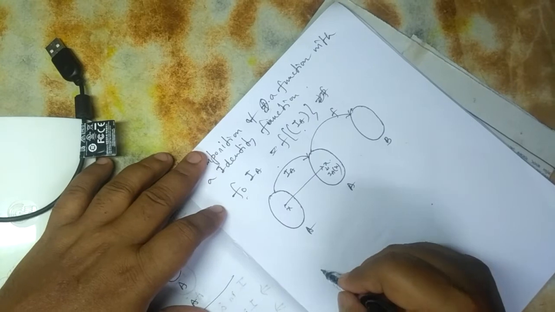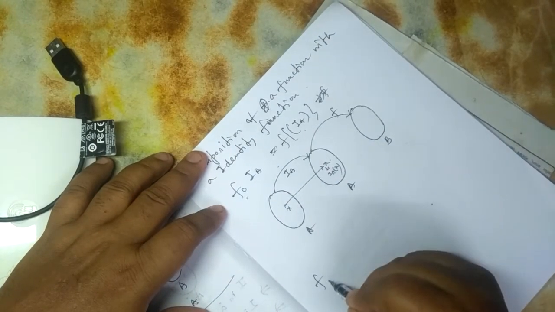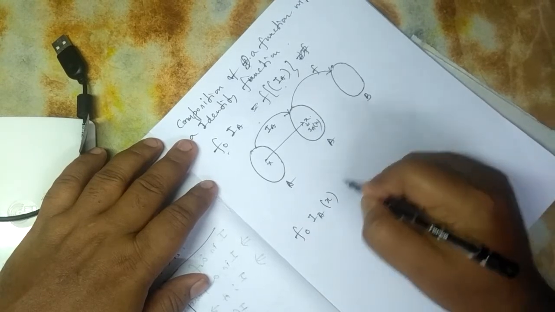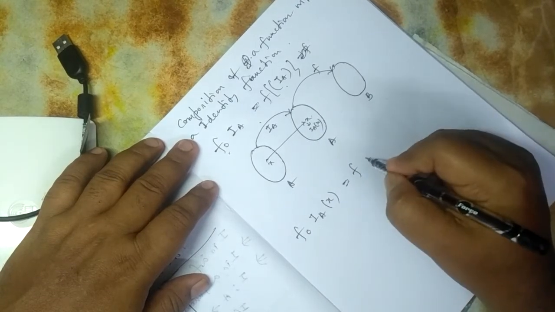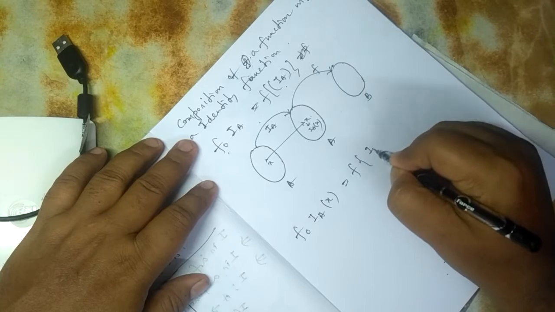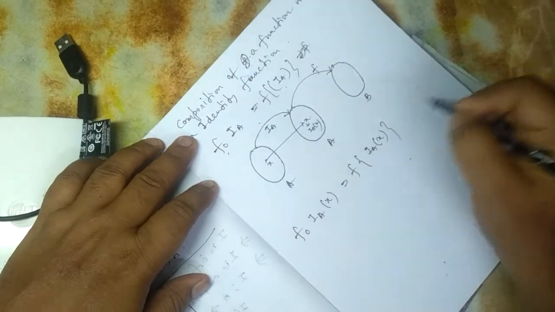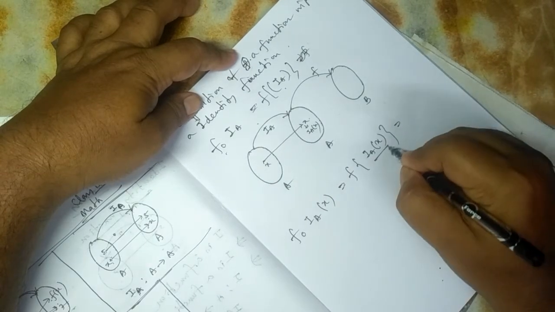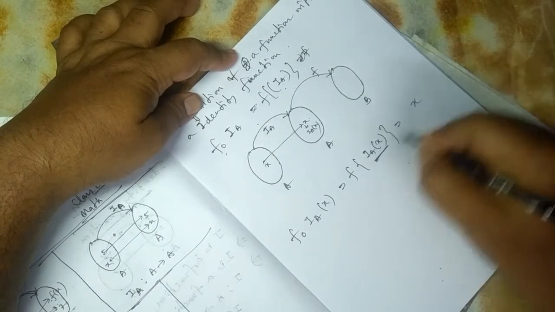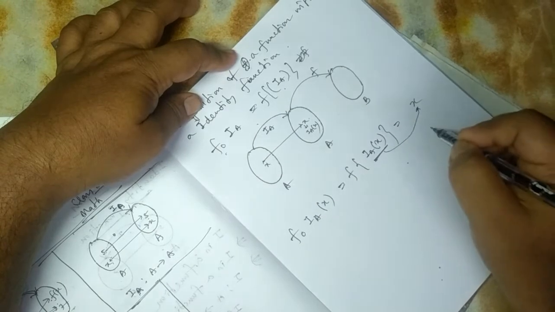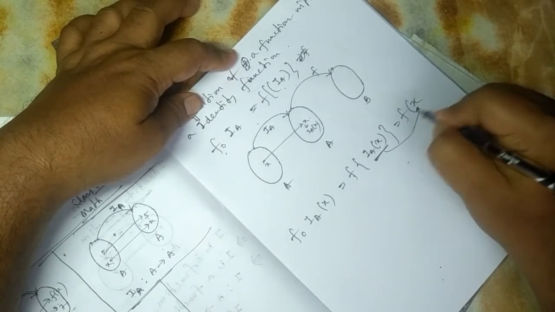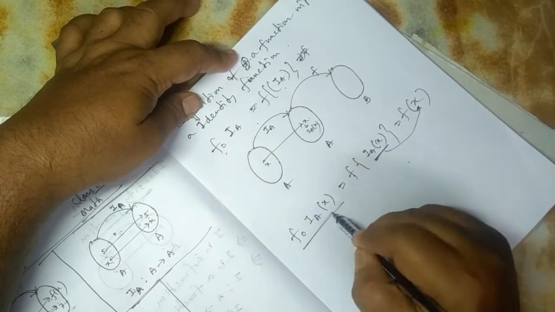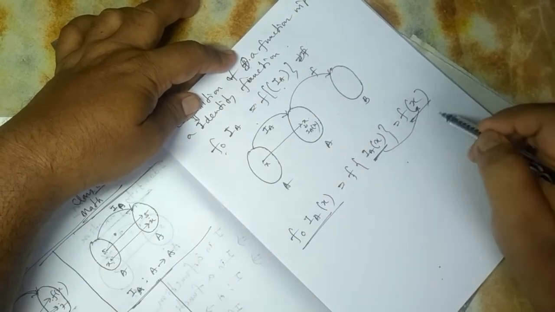That is what we are trying to find out. (f∘IA)(x) equals f of IA of x. That means IA of x, what is it going to give? It is x. It is coming as x. So it is f of x. So what we are saying, (f∘IA)(x) equals f(x).